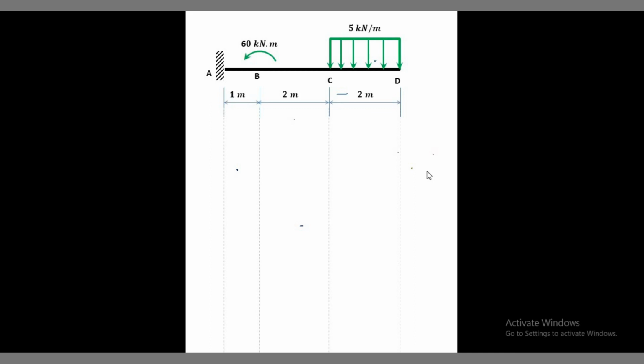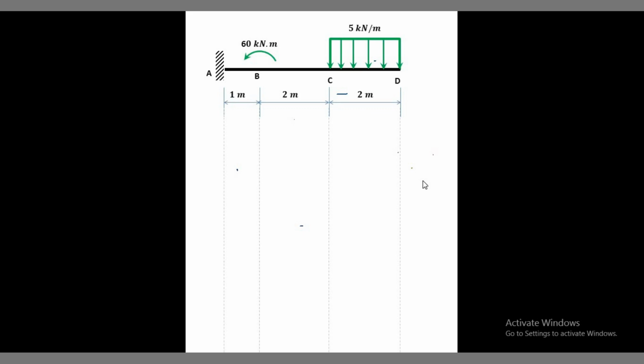So, RA is equal to, MA is equal to. MA daw yung 80.